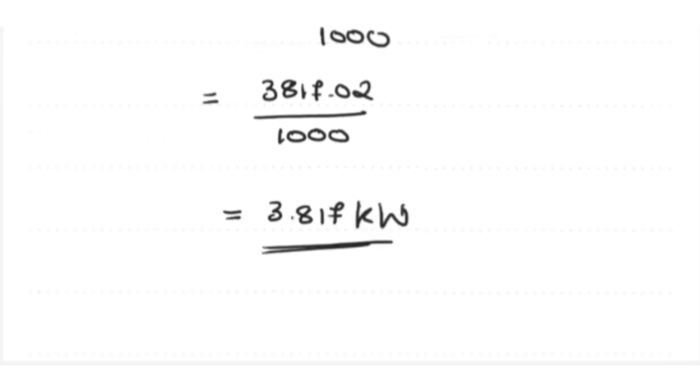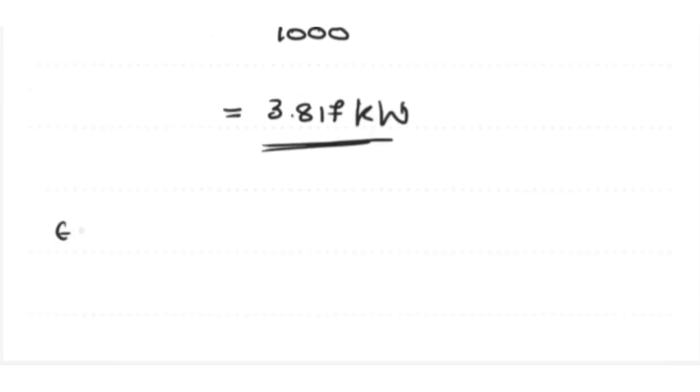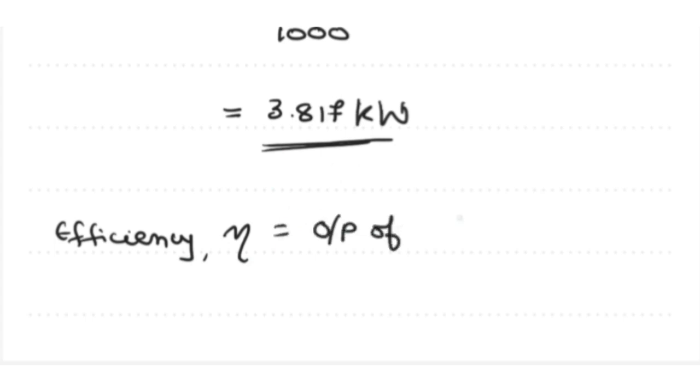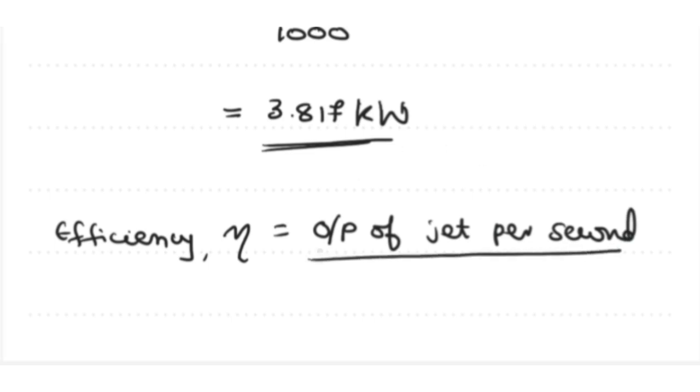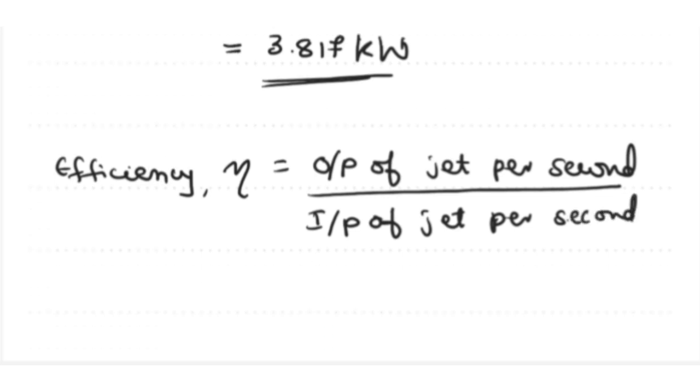Next thing is efficiency. That is denoted by eta, that is equal to output of jet per second divided by input of jet per second. What is output?